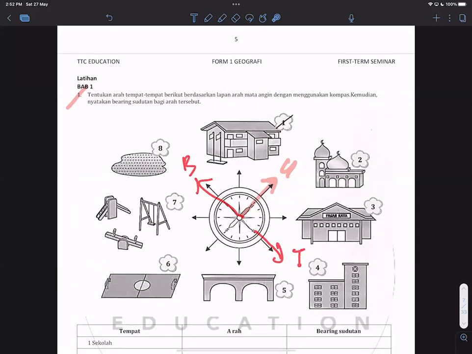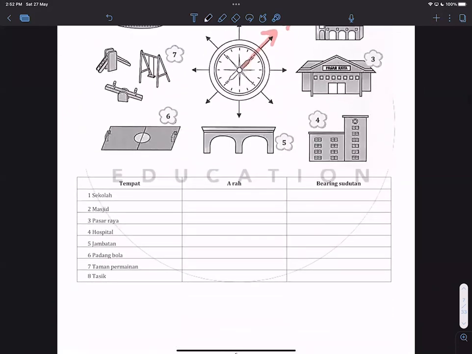And then this is the timur. This will be the selatan. So the science seminar is to tackle different type of questions. So within barat and udara, this is what we call barat laut. Sorry. So guys, answer this is barat laut.